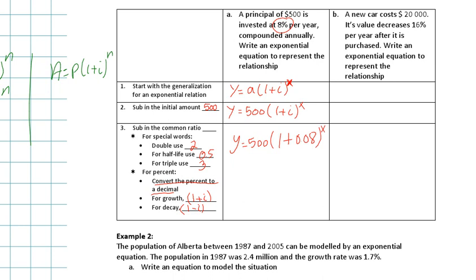So if I actually simplify this, it's going to look like this: y equals 500 times 1.08 to the power of x.